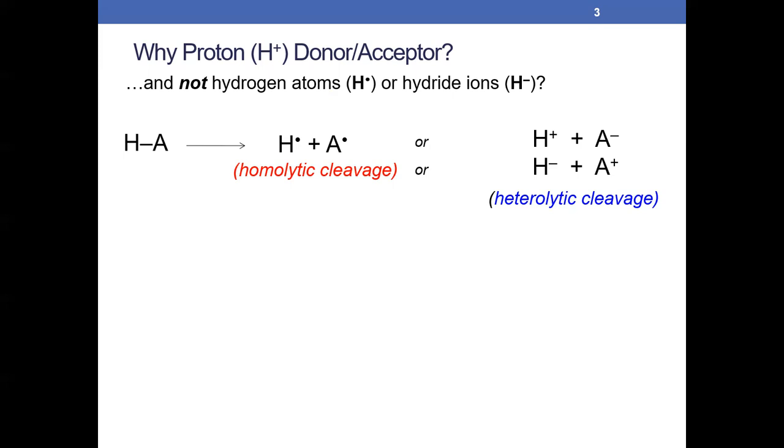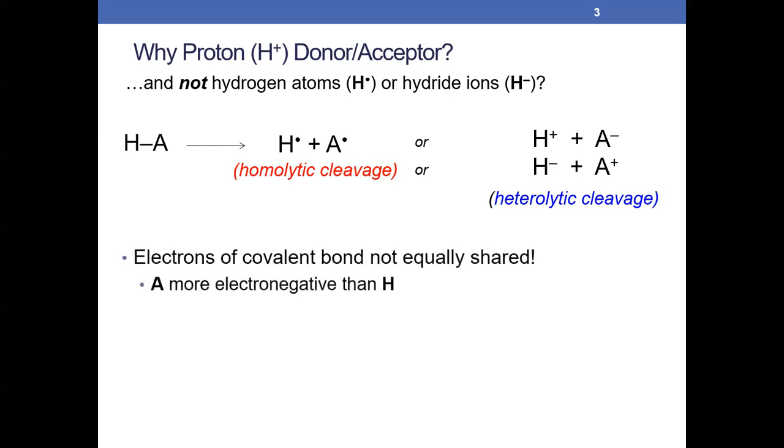These are the possible ways in which I could break that bond to the hydrogen. We see heterolytic cleavage, and the reason it's an H plus and we draw our conjugate base as A minus is because those electrons are not being shared equally.